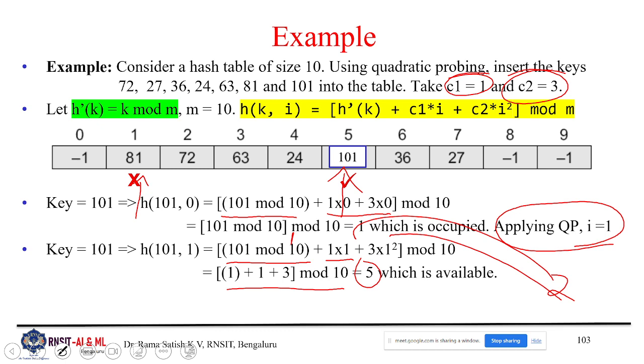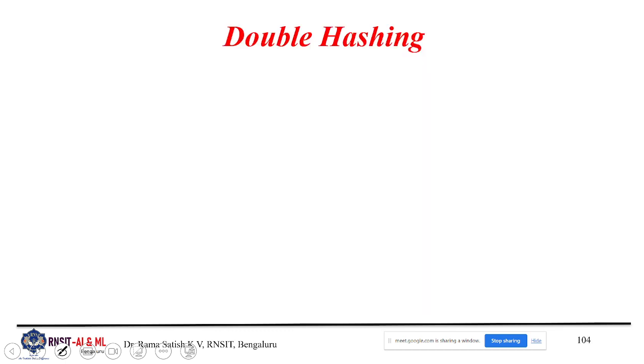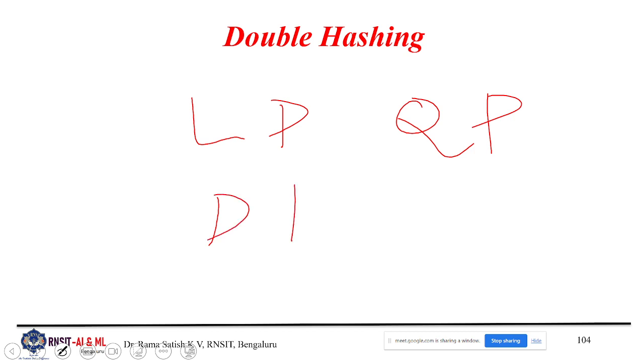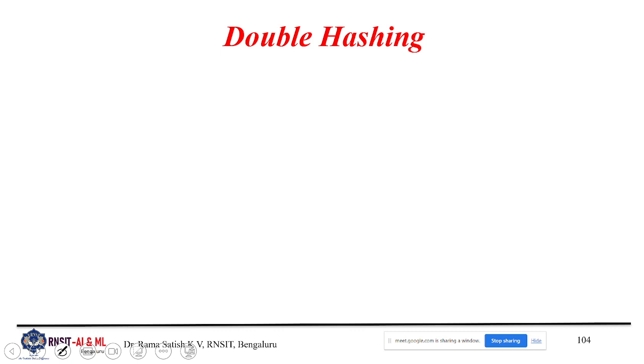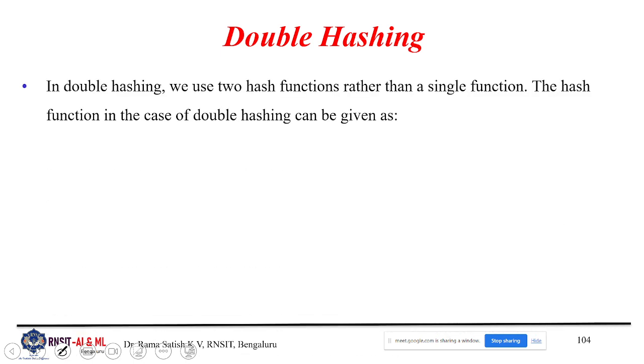Now, the next technique. We have seen linear probing, then quadratic probing, and then double hashing. Double hashing is the next technique that we need to understand. So what exactly is double hashing? In double hashing, we use two hash functions. So far, in linear probing or quadratic probing, we saw only one hash function.